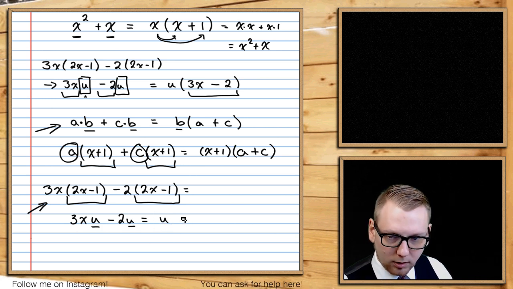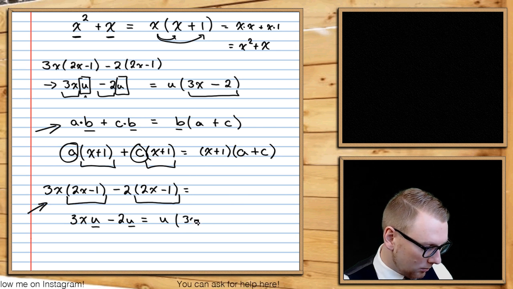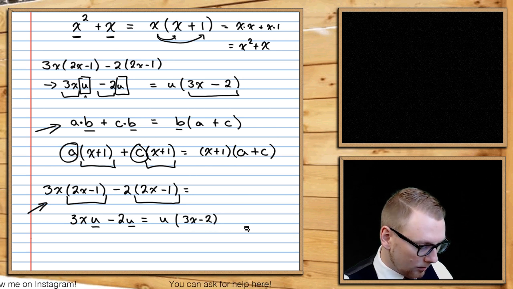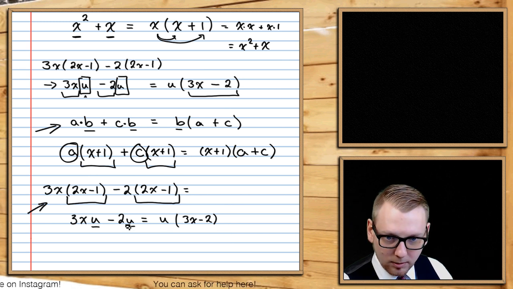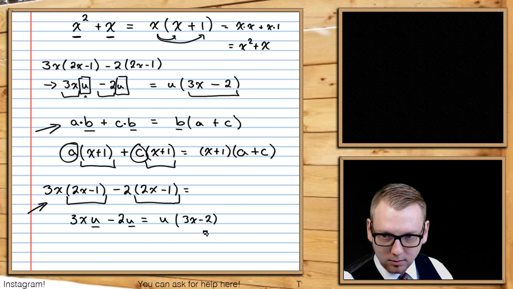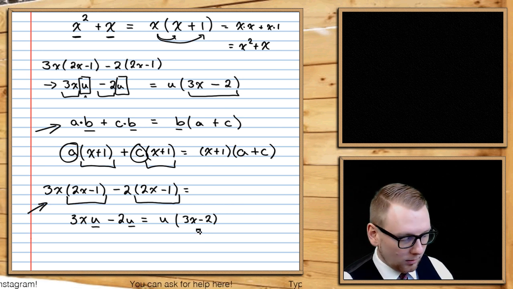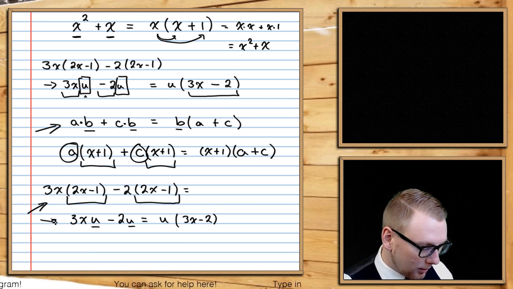We brought it out in front. And then what we had left was the 3x minus 2. So if we're taking something out of both terms, we still have what's left, which is the 3x minus 2. Are we good with this part right here?